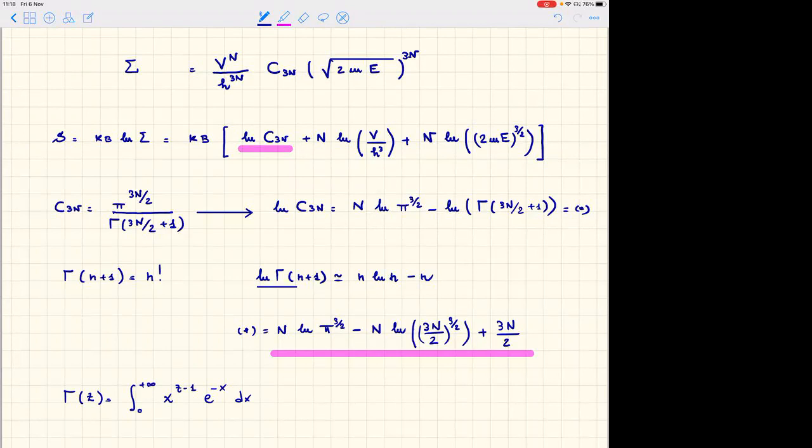And this function has the property that gamma of z plus 1 is equal to z gamma of z. It's something that you can prove. Therefore, if z is an integer n, this identity means that this is nothing but a factorial. If you iterate it, you see that what you get is a factorial, right?